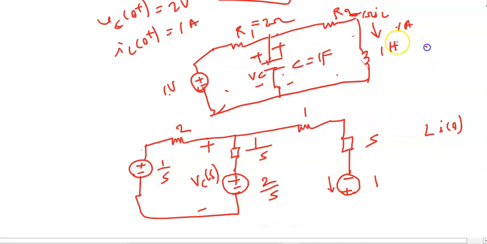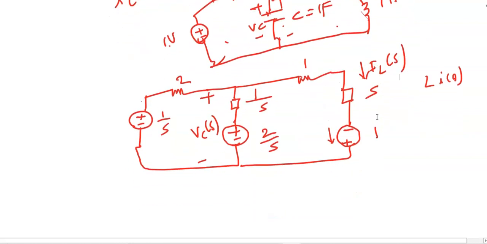So the current exactly aligns, because this is the direction, so this aligns in the same direction. Okay, and this is your current IL(s). Now see, I have converted a complicated circuit into simple algebraic expressions.